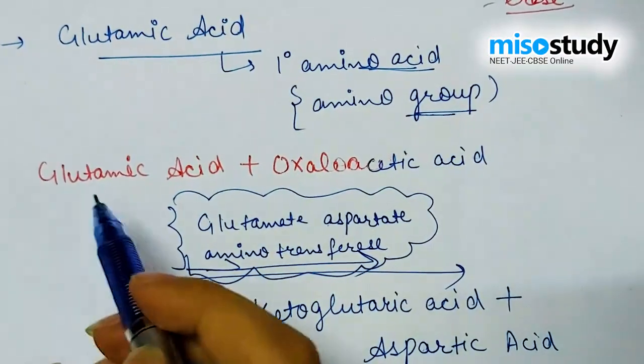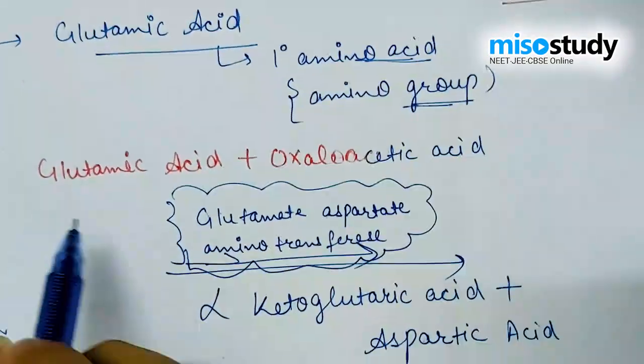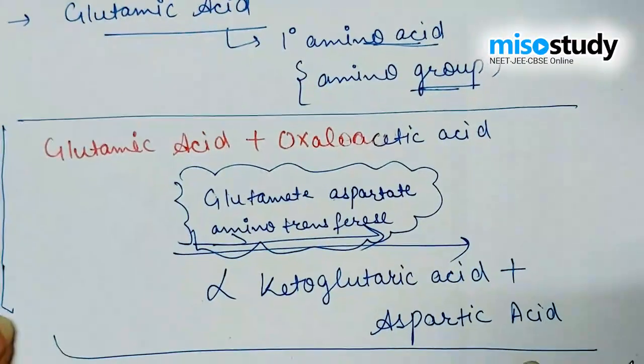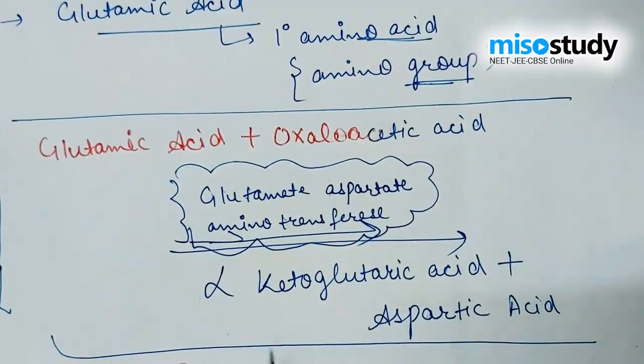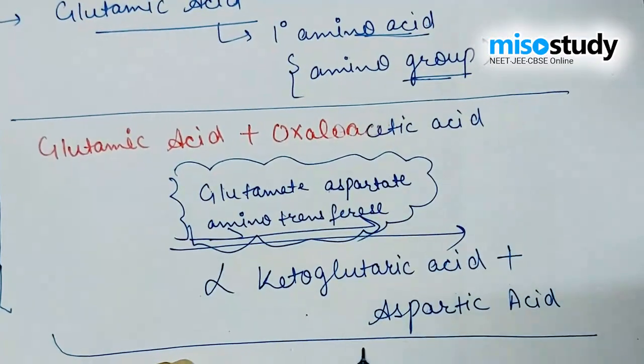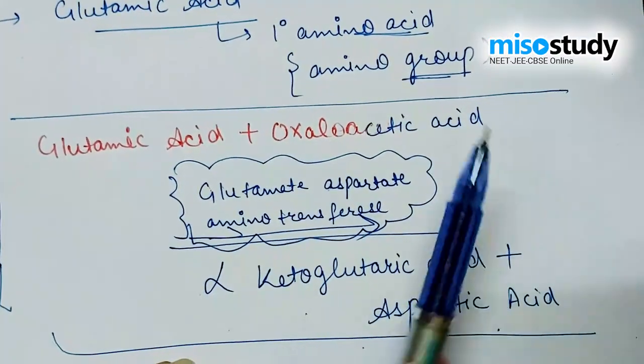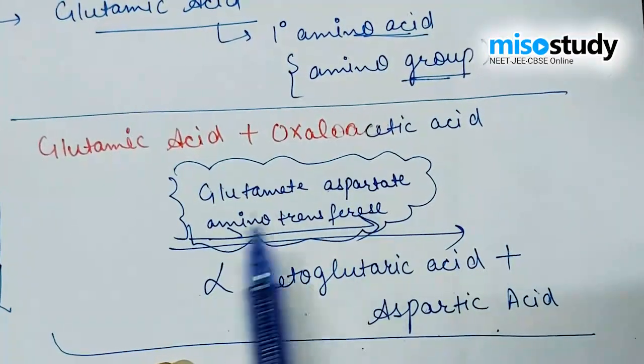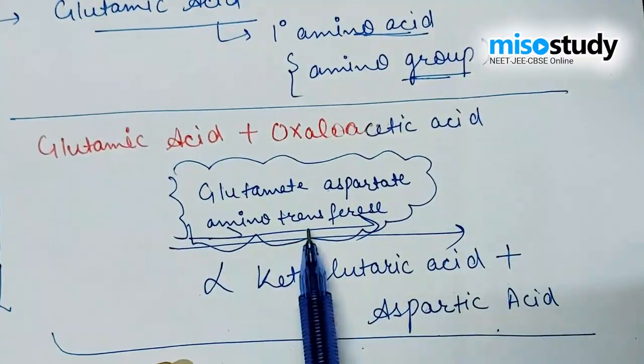The reaction is when glutamic acid adds to oxaloacetic acid, they give rise to alpha ketoglutaric acid and aspartic acid, and the whole reaction is followed by the glutamate aspartate enzyme, named aminotransferase.